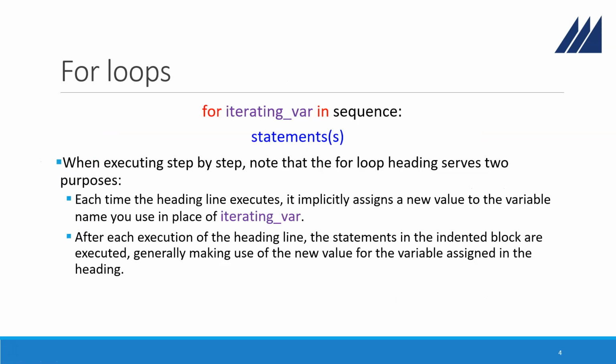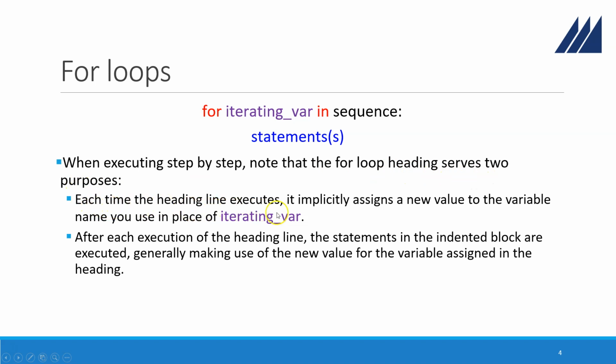Okay, so here is again, just to give you a reminder, the structure or the syntax of the for loop. For, then you have the iteration variable. You can name it whatever you want, in sequence, and then you have the statement. When we execute it step by step, as you noticed in the previous example, the heading serves 2 purposes basically.